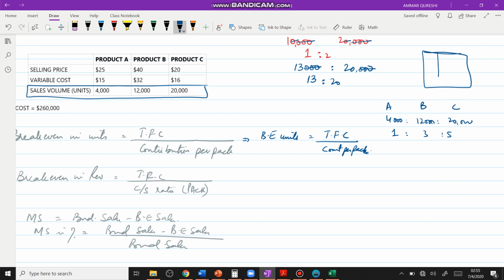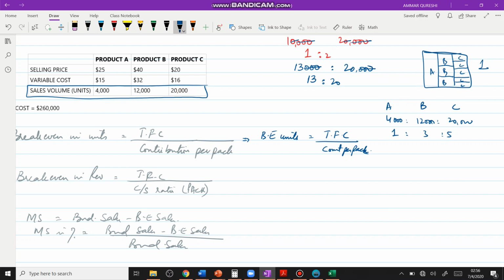In one pack, there will be one A, three Bs, and five Cs. So this is one pack. That means if you sell one packet, you will be able to sell one unit of A, 3 units of B, and 5 units of C, right?